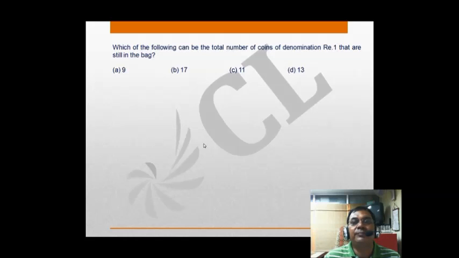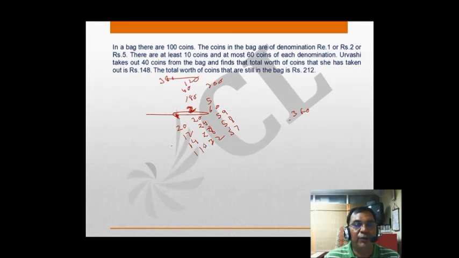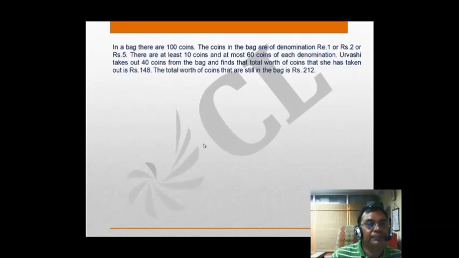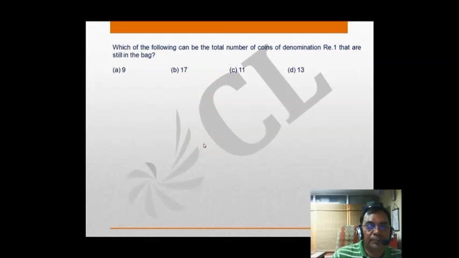So if I start going for the first case only, I had taken 60, 20, 20. This is 2 rupees, this is 1 rupee, this is 5 rupees.